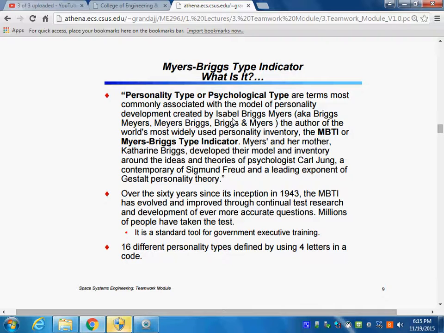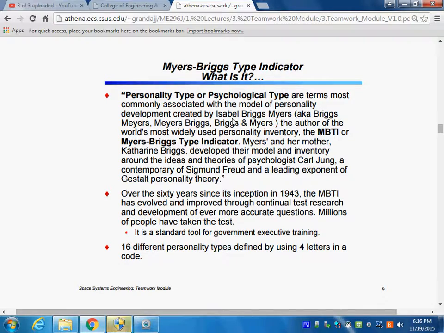It's a standard for government executive training, and it's not to find out very personal things, like who you like or dislike or how much money you have. Nothing like that. This is more to give the team an idea what kind of person you are.